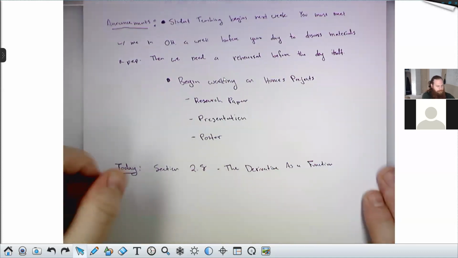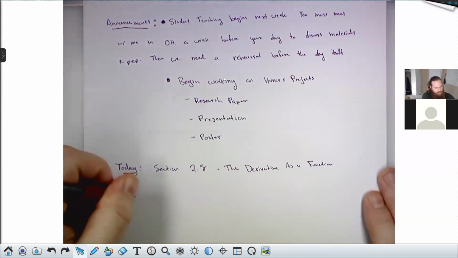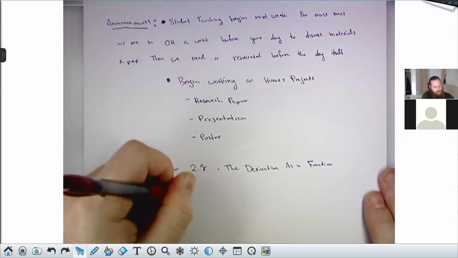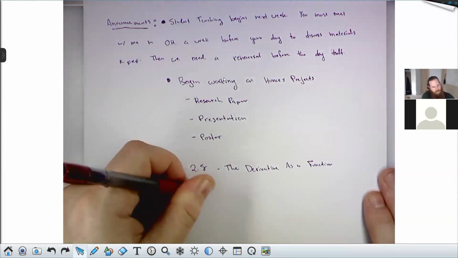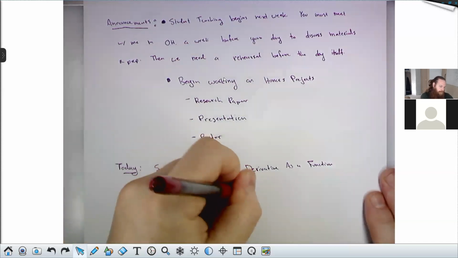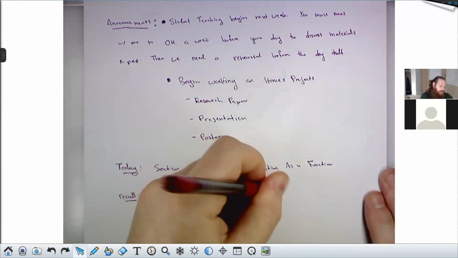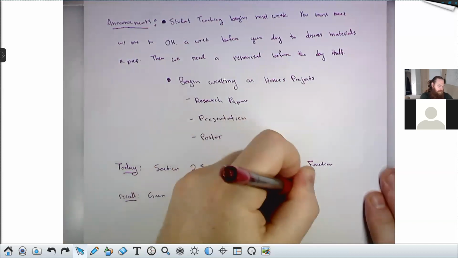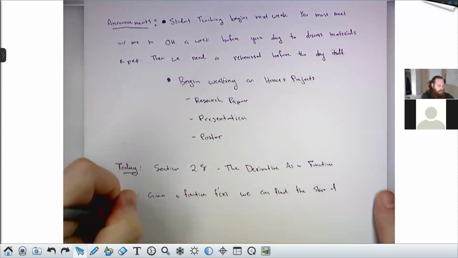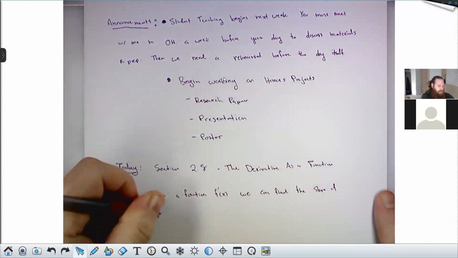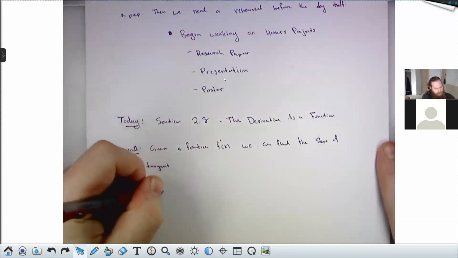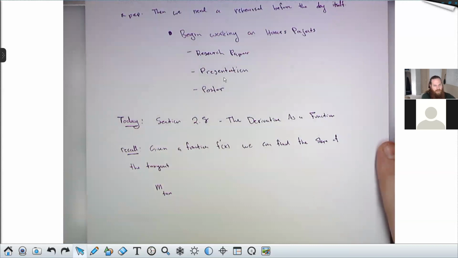So recall, given a function f, we can find the slope of the tangent, which we called m tan, right?